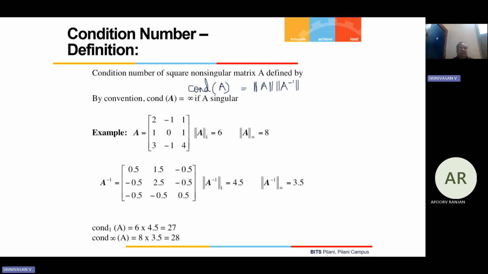What is the condition of A? Condition suffix 1 we can put when calculating norm A inverse with respect to the 1 norm: 6 into 4.5, that is 27. Condition suffix infinity of A is norm A suffix infinity into norm A inverse suffix infinity, that is 8 into 3.5, 28.